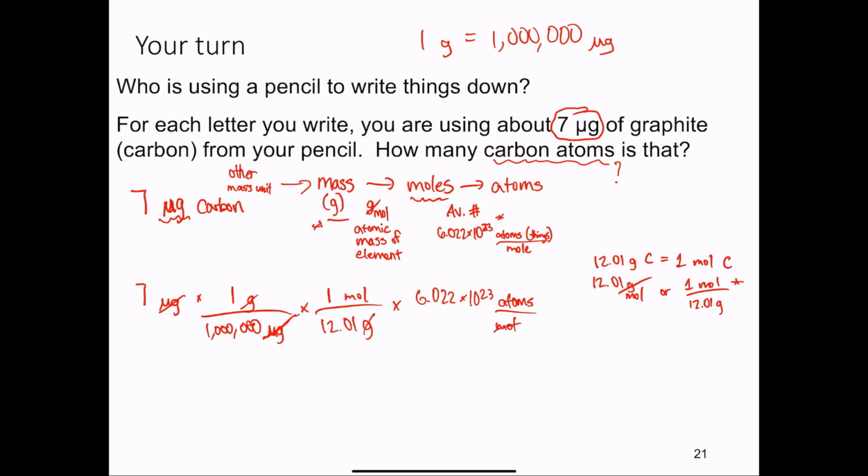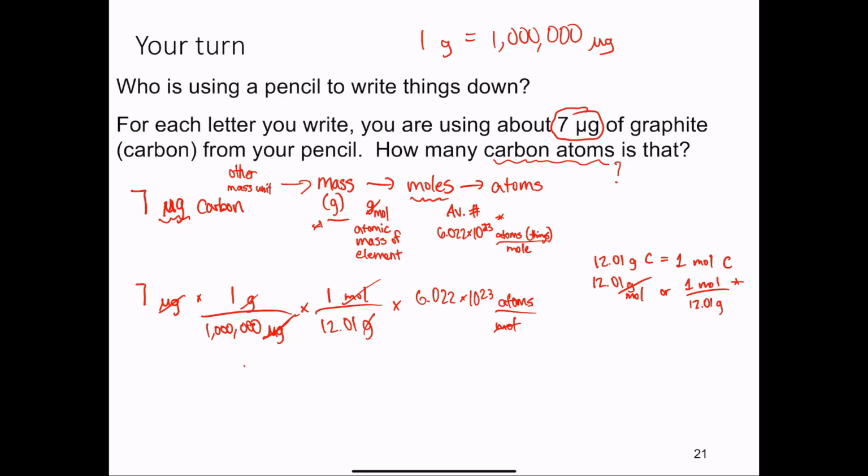And so then that's going to make the moles cancel out, and that's going to leave me with units of atoms. So how would you type this into your calculator? You would start with 7, divide by 1 million, divide that answer by 12.01, and then multiply that answer by 6.022 times 10 to the 23rd.